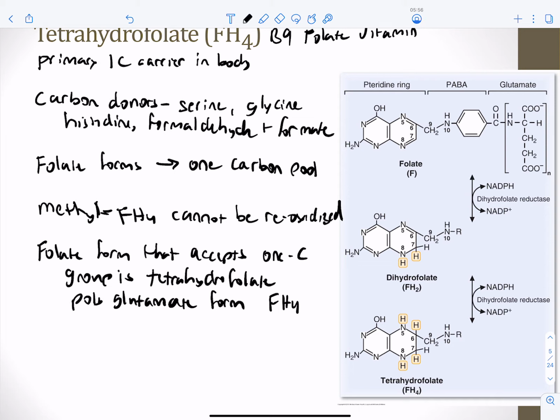There are three major structural components of tetrahydrofolate. You have your ring structure, and then you have your para-aminobenzoic acid. That's what that PABA is. Let me write it here. Para.